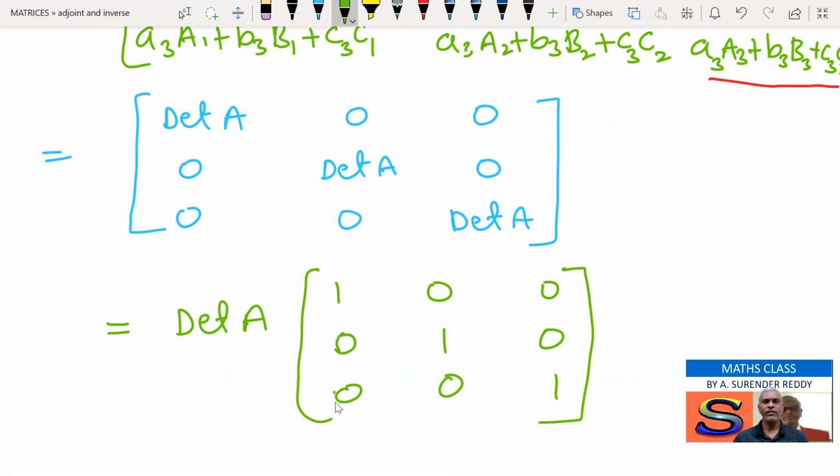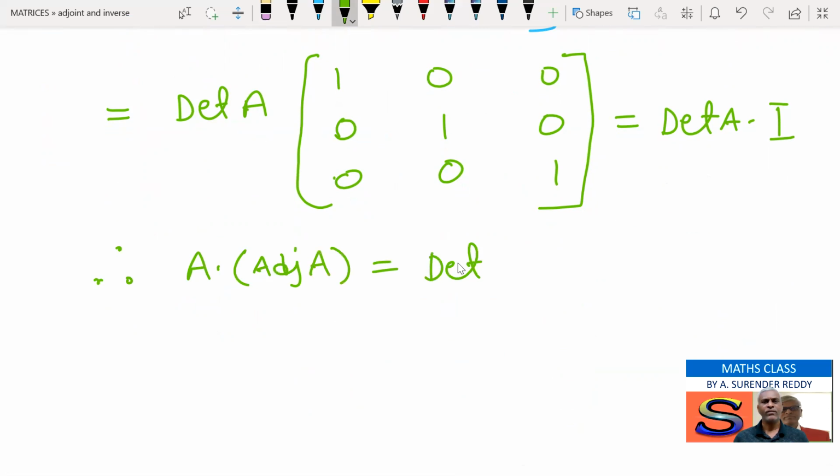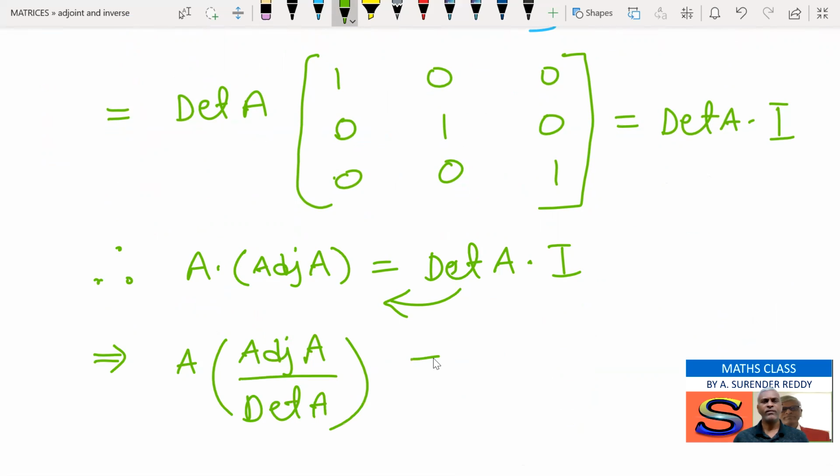So this is nothing but det A into the unit matrix I. Therefore, A into adjoint A is equal to det A into I. If you bring det A this side, you can write it as adjoint A by det A is equal to I, since det A is not equal to 0, you can divide it.